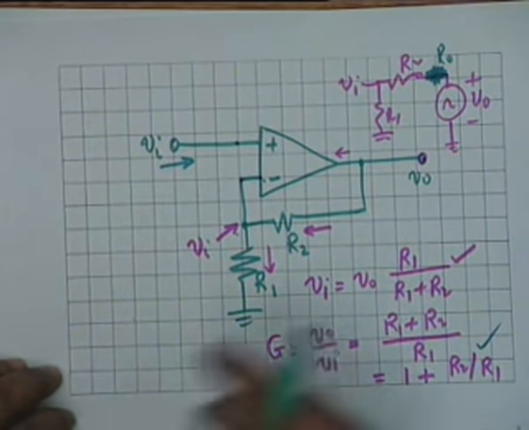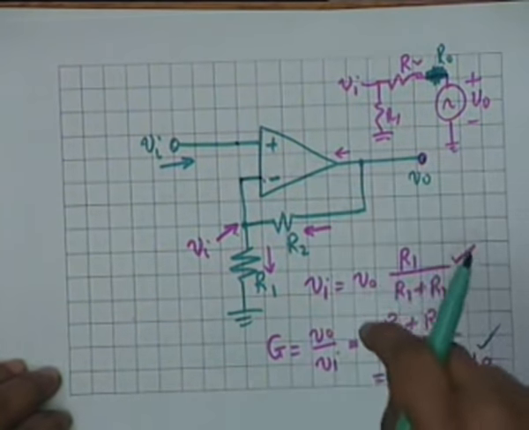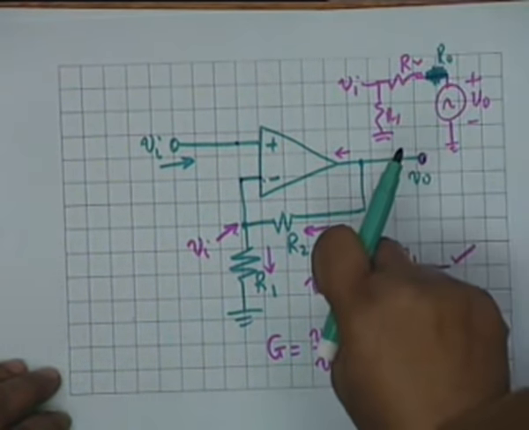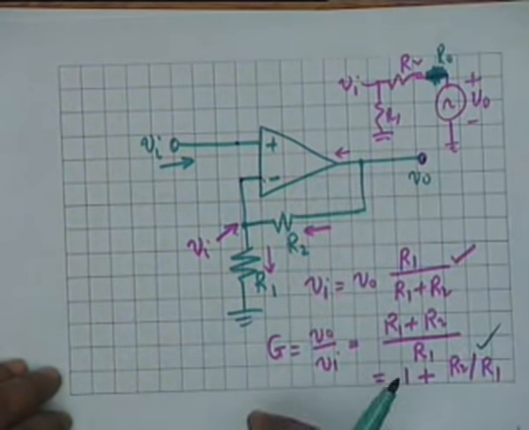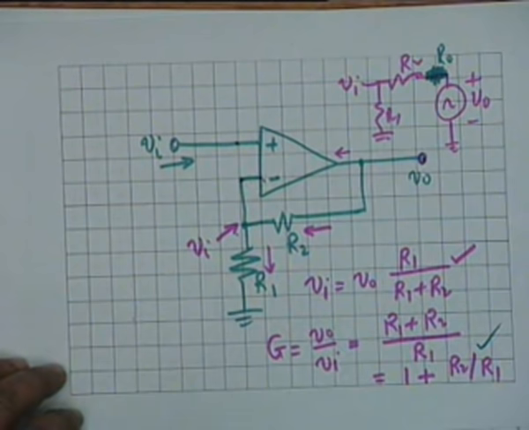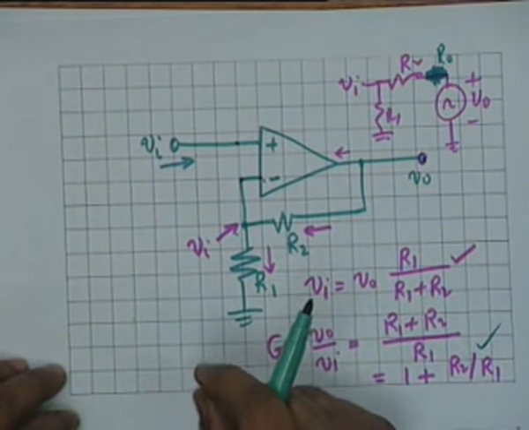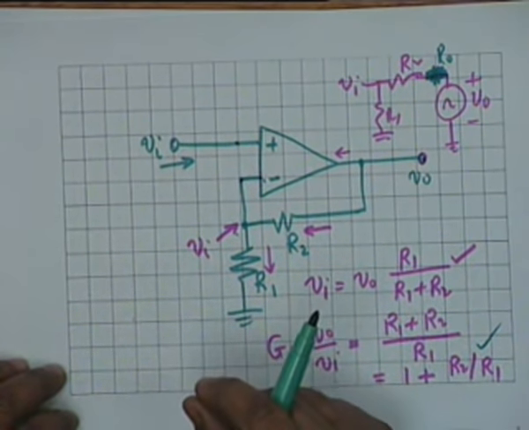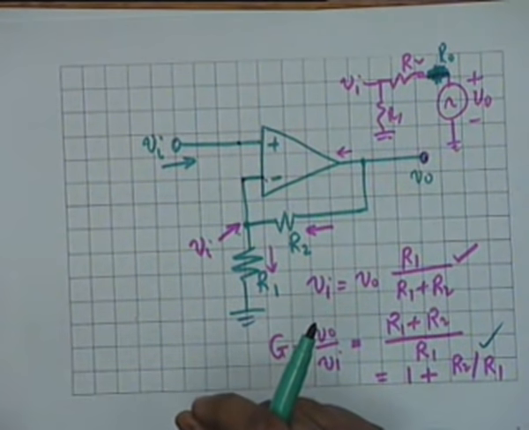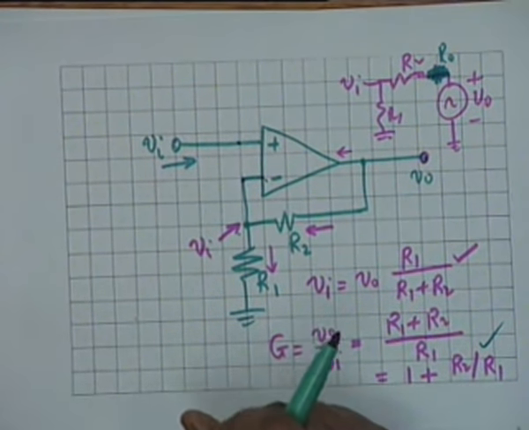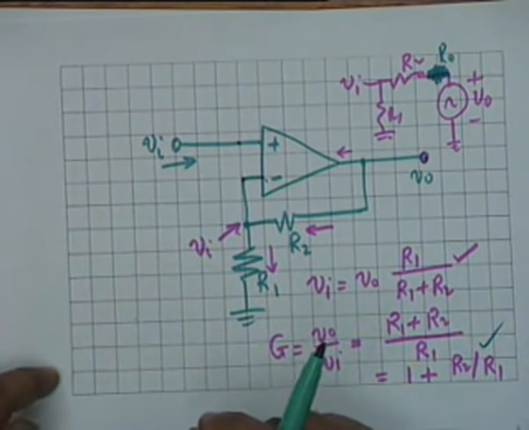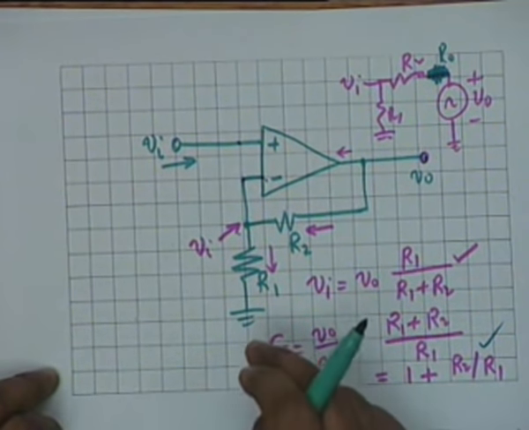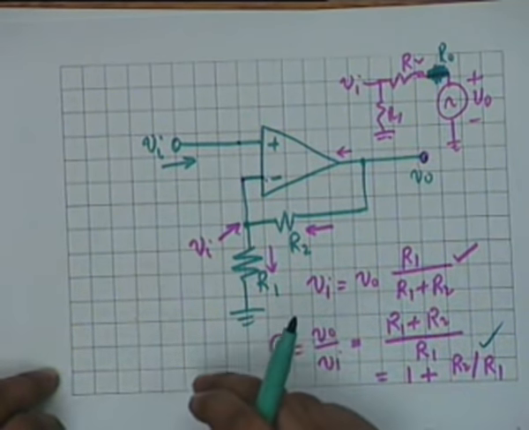So this is an important difference between the two connections. In the non-inverting configuration, the input resistance is maintained at infinity, whereas in the inverting configuration, the input resistance is determined by an external resistance that is connected between the source and the inverting terminal of the op amp.